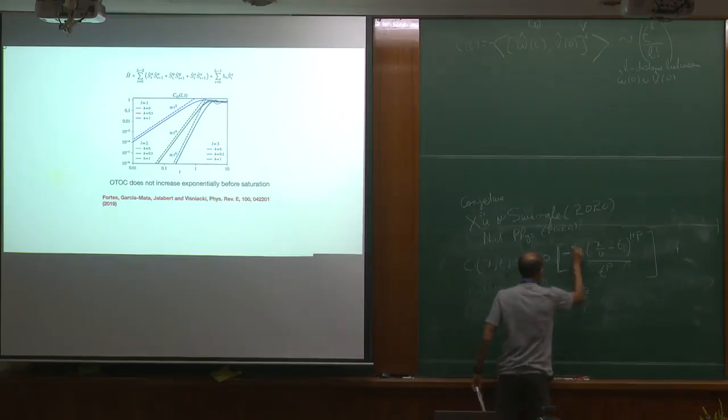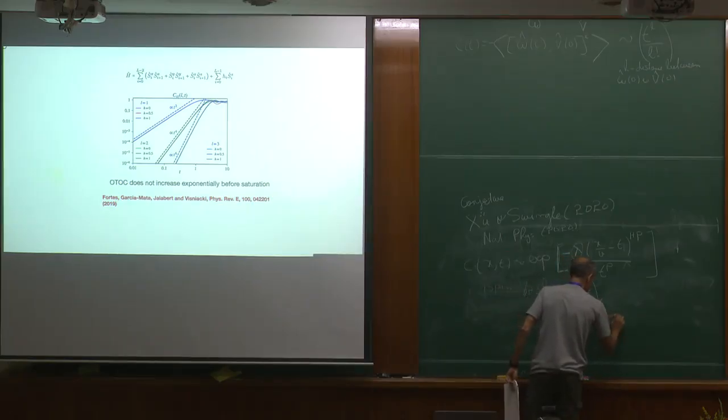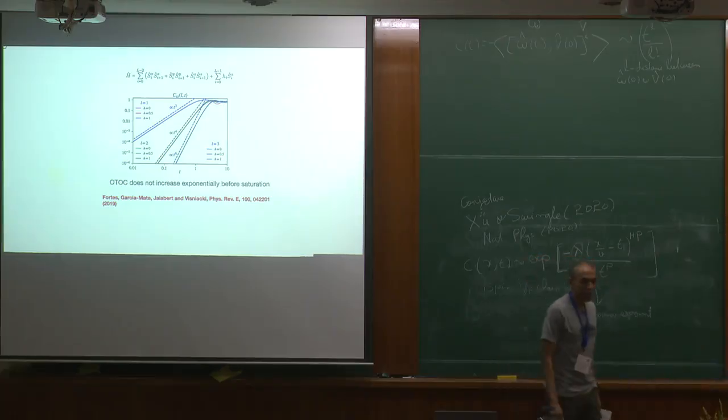And the other thing is a lambda sitting here, which is what they interpret as a Lyapunov exponent, even for a spin half system, but one which somehow presents itself not at this early time increase of the OTOC, but rather at later times when, if you look at the OTOC on a plot like this over this kind of range of times, it will look like the OTOC is saturated, but it's actually not saturated. There is about a decade or so in there where you can fit, yeah.